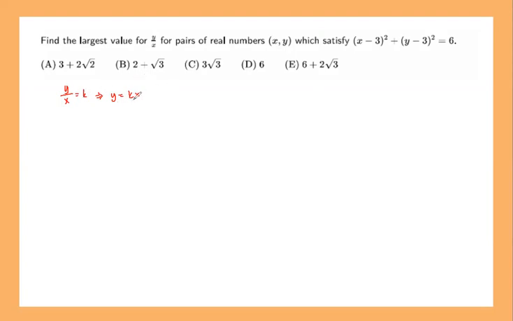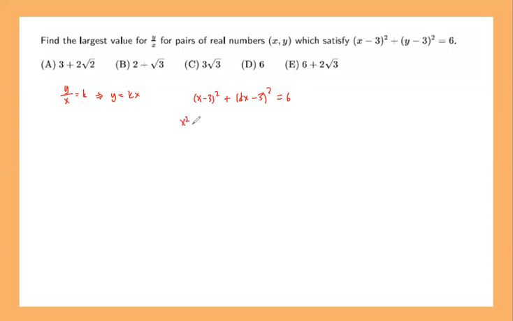If I plug this into the original equation, we get (x minus 3) squared plus (y minus 3) squared, where y is kx, equal to 6. Now I can expand those using the square binomial, or you can just write x minus 3 two times and multiply them.